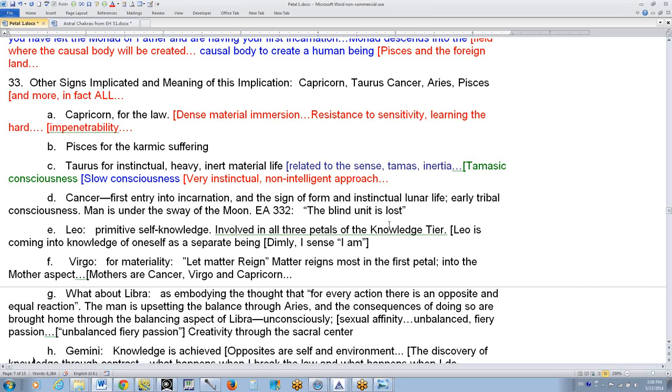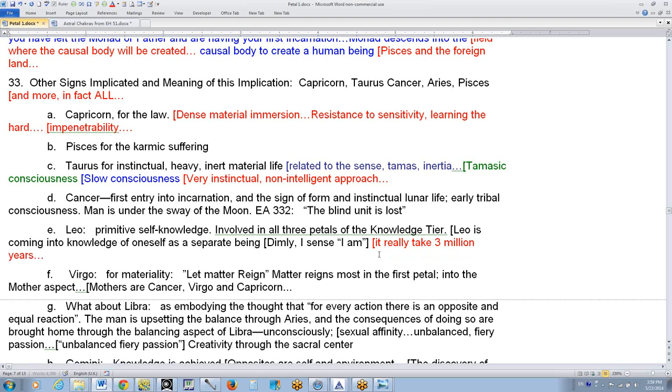Leo is all about coming into knowledge of oneself as a separate being. It's dim at first. This eye sense is dim. And we remember the Tibetan says it really takes 3 million years. But then those are still Lemurian times, not even early Atlantean times, and one wonders whether one is really working even yet in the second petal when that is occurring.